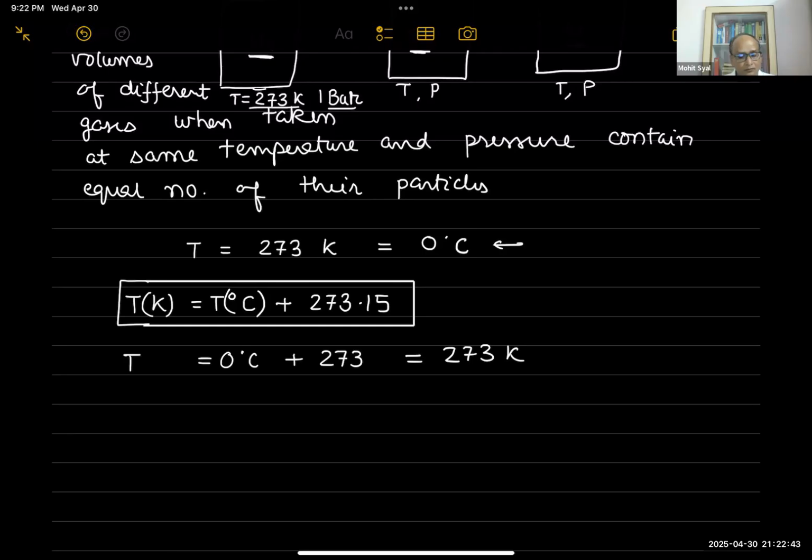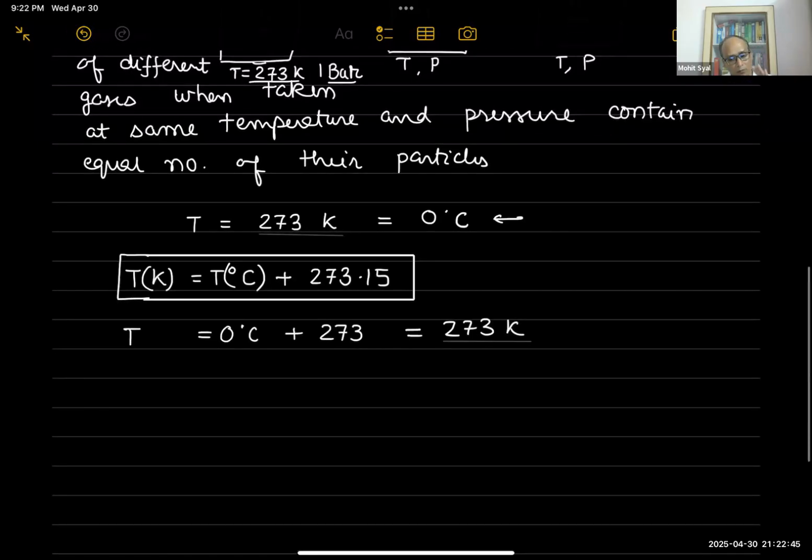No, because if we go to cold countries, in winters, near the North Pole, the temperature can drop below 0 degrees. So this 0 is not the absolute 0. Clear? It is not the lowest value. So 0 Kelvin is the absolute thermodynamic scale.